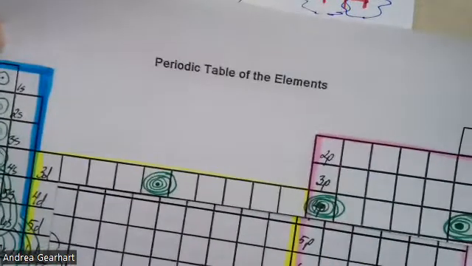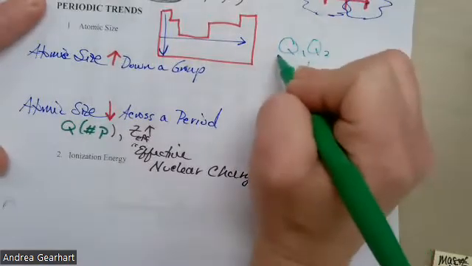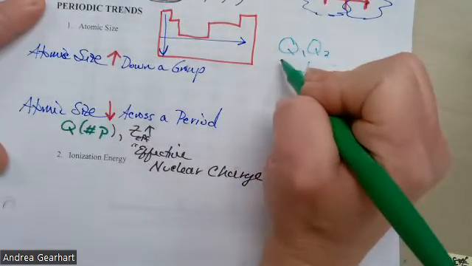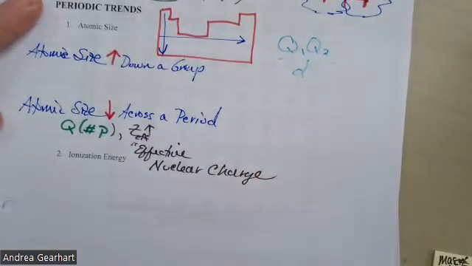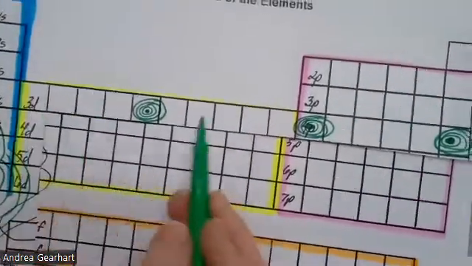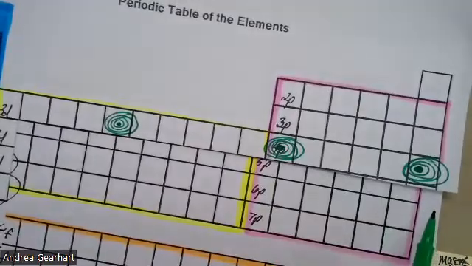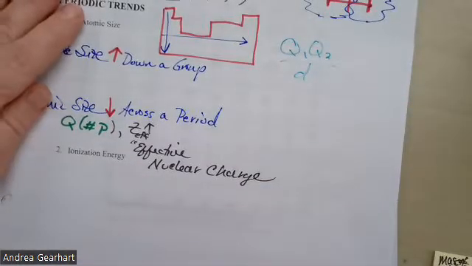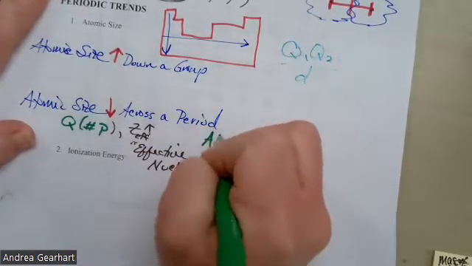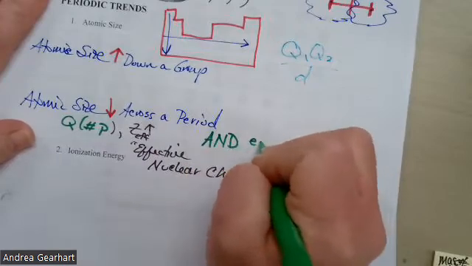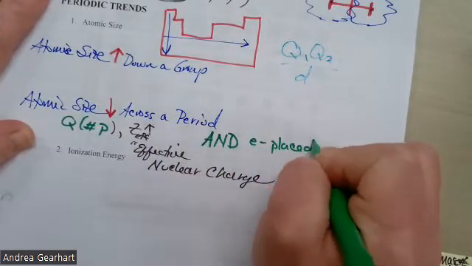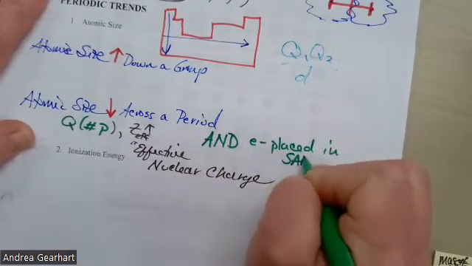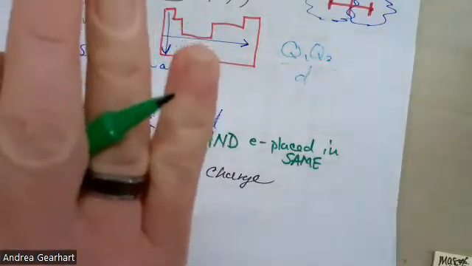So what's the other part that we need to address? We addressed the numerator. What's going on with our denominator? As we go across a period, is the distance of those electrons changing? No. The electrons are placed pretty much the same distance.